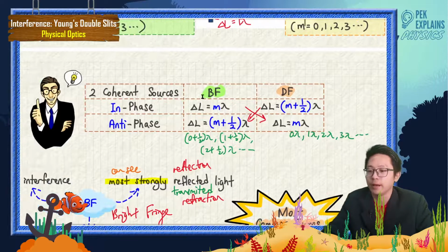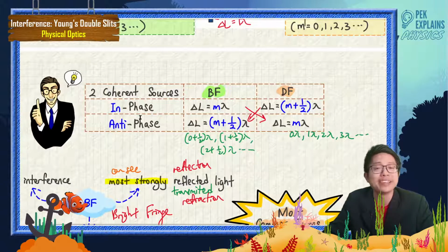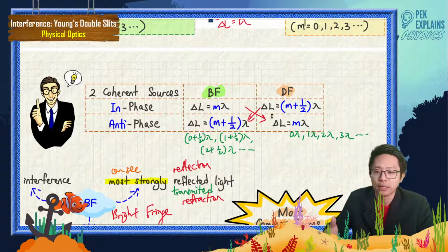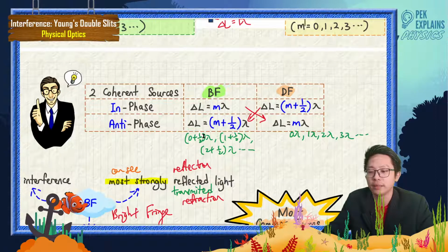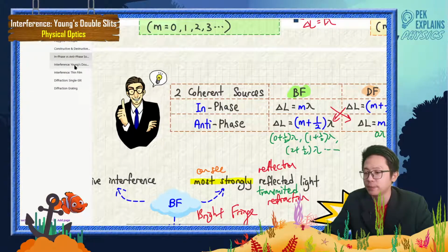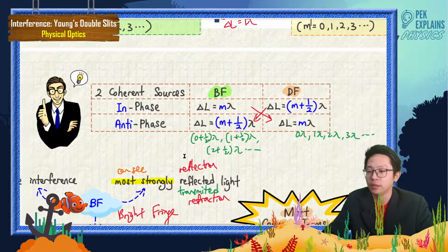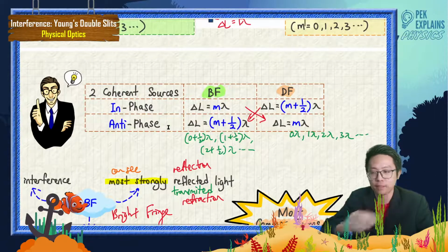If you're using in-phase sources, then if the path difference is m lambda, multiples of lambda like 0 lambda, 1 lambda, 2 lambda, 3 lambda, you get bright fringe. But if it's m plus half lambda, like half lambda, 1 plus half lambda, 2 plus half lambda, you get dark fringe. That's the formula. Understand? If anti-phase, then it becomes opposite.